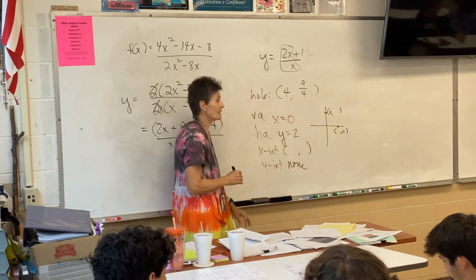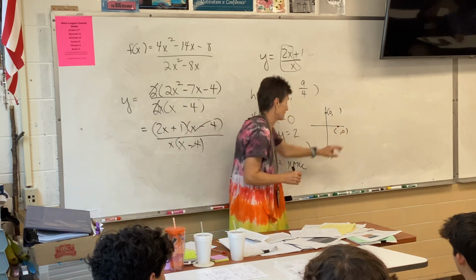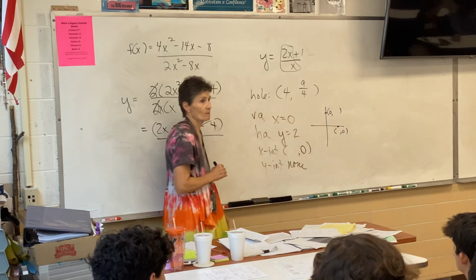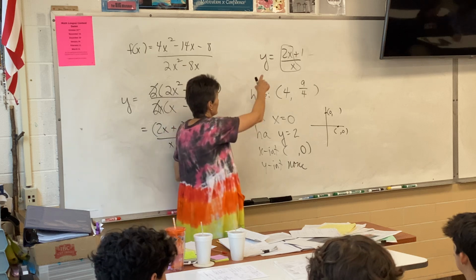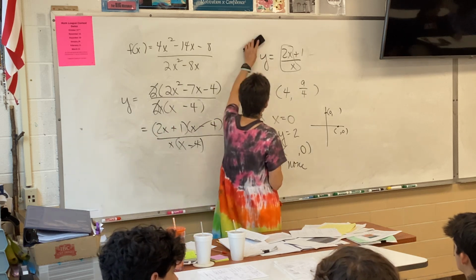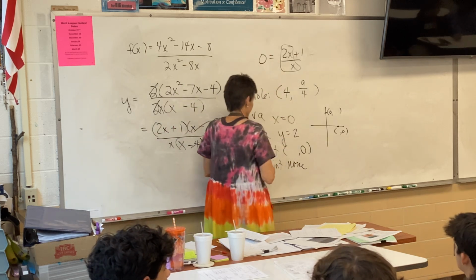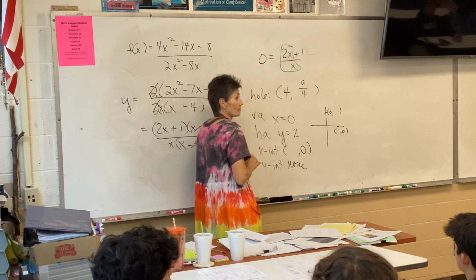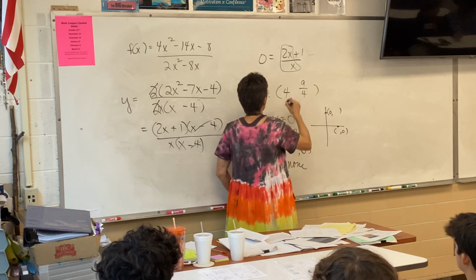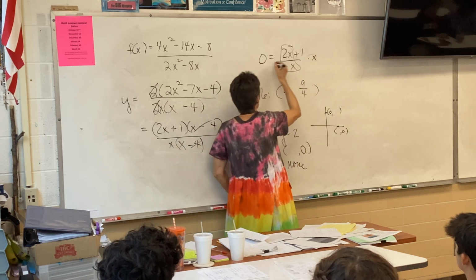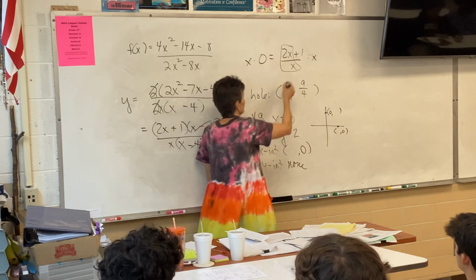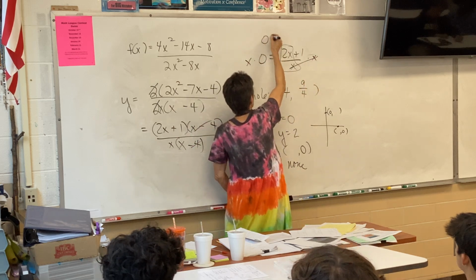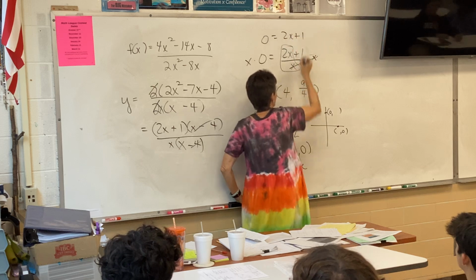If I'm going to find an x-intercept, then my y is 0. So put 0 right here. We're going to multiply both sides by x, and I'm going to have 0 equals 2x plus 1.